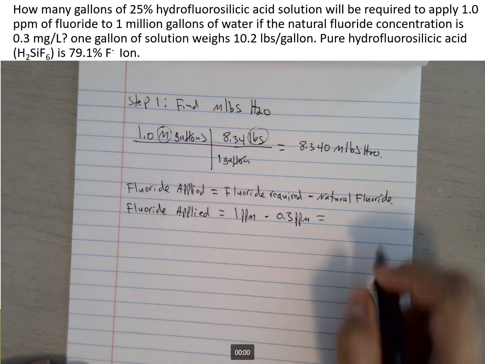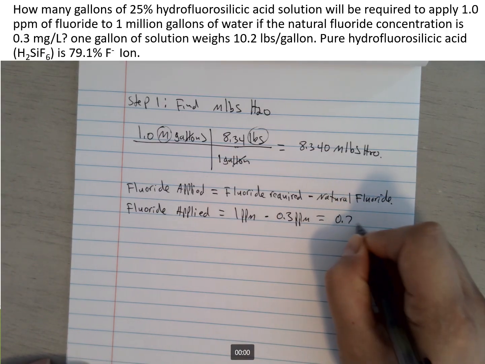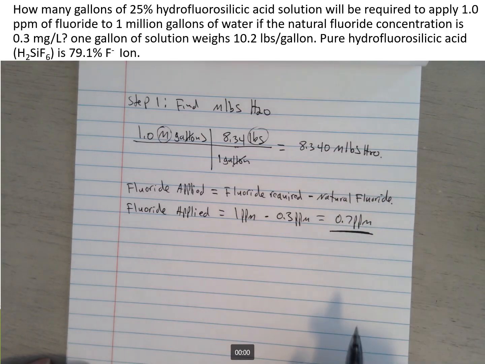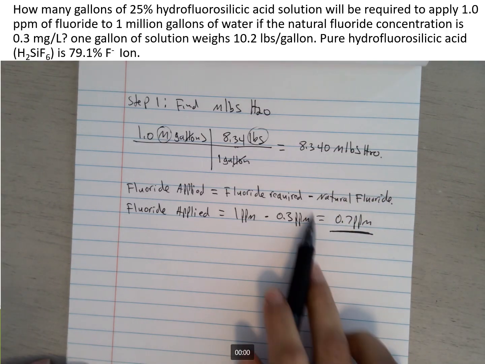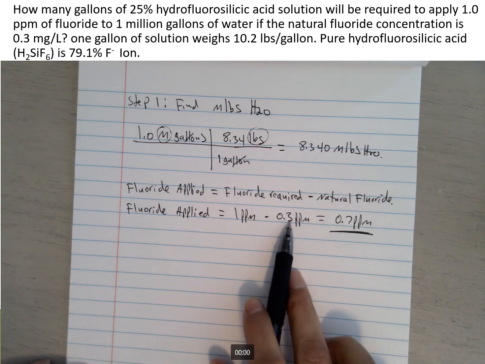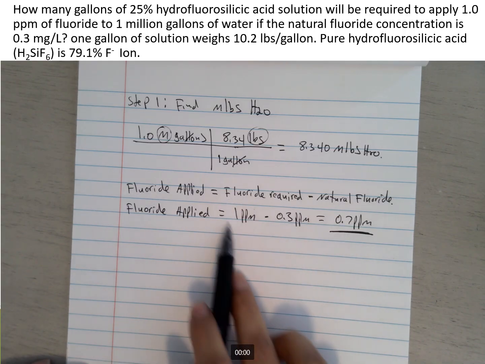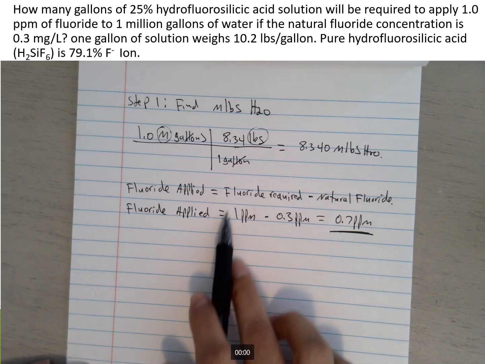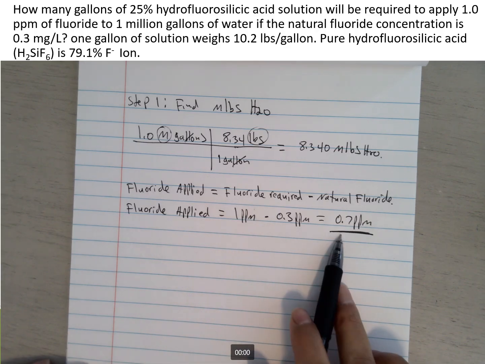That's equal to 0.7 ppm. That is what we want to apply, since there's already a natural concentration of 0.3. 0.7 plus 0.3, that'll give us our total applied of 1 ppm. Does that make sense?